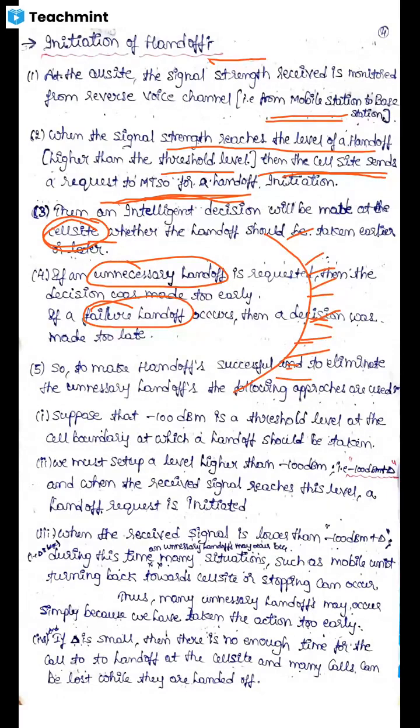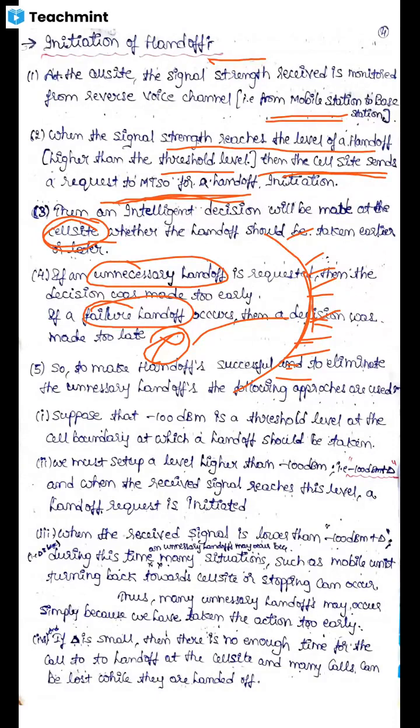At the base station, at the cell site, if the decision was made too early, it means the mobile has not completely reached the boundary condition. So before the mobile had reached the boundary condition, the handoff has been applied.